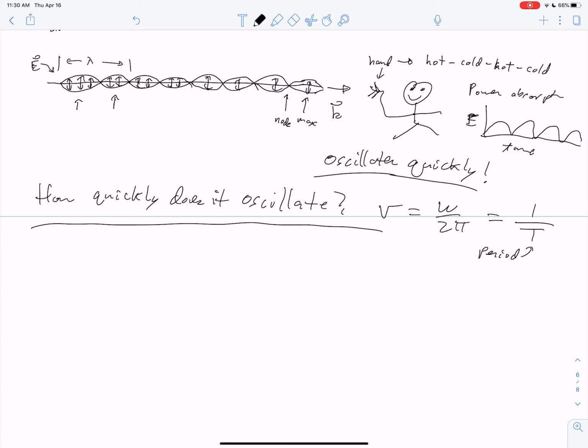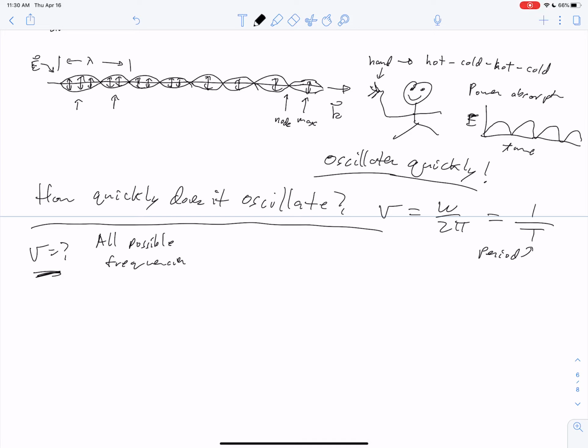And so we see that for light, what is the frequency? Well, it depends. There are different frequencies. I can have different types of electromagnetic radiation. So electromagnetic radiation has all possible frequencies. It can be anything.